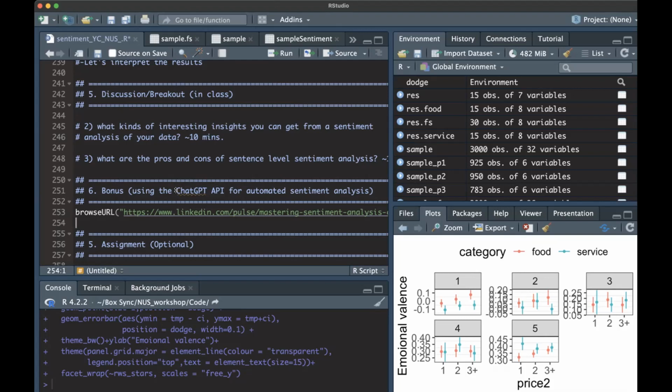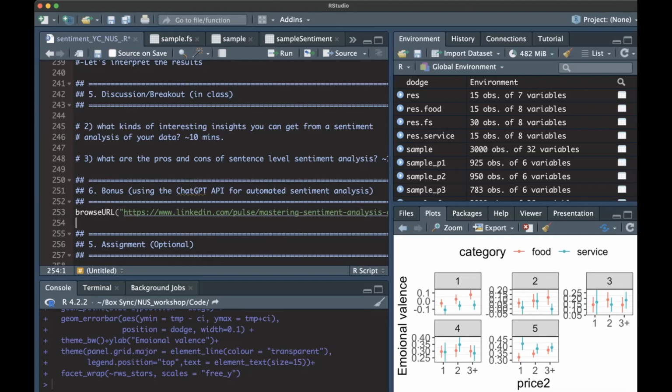For example, in the API, you can design your prompt to have ChatGPT give you exactly, let's say, a 1 to 7 scale, exactly the number of the sentiment, or you can have it tell you whether this sentence is for or against or neutral toward a stance. So I think it opens up a lot of possibilities.